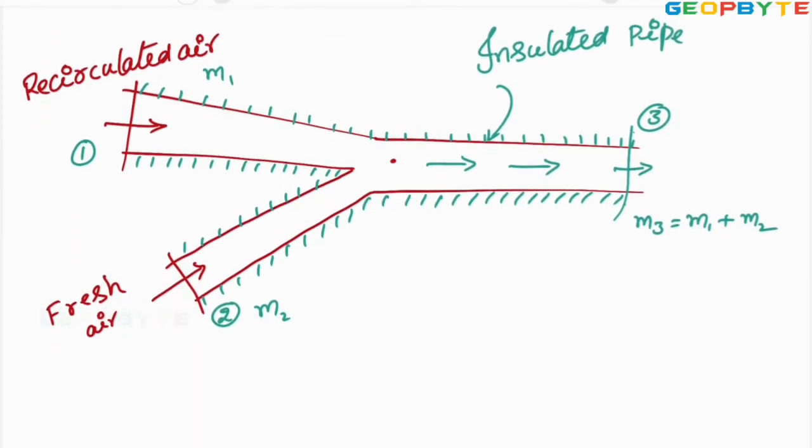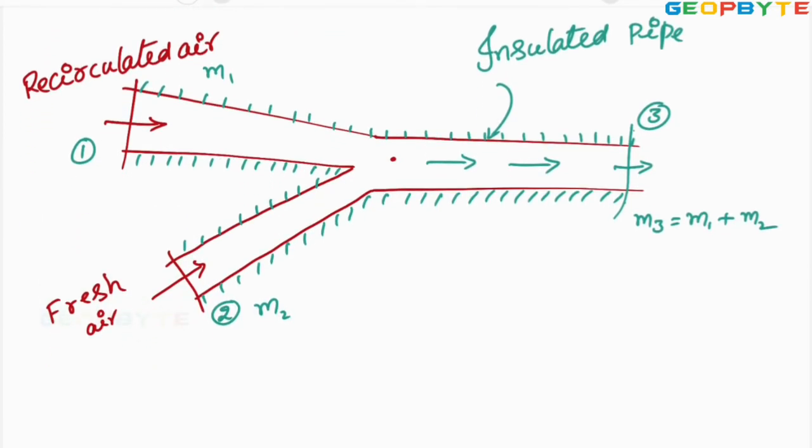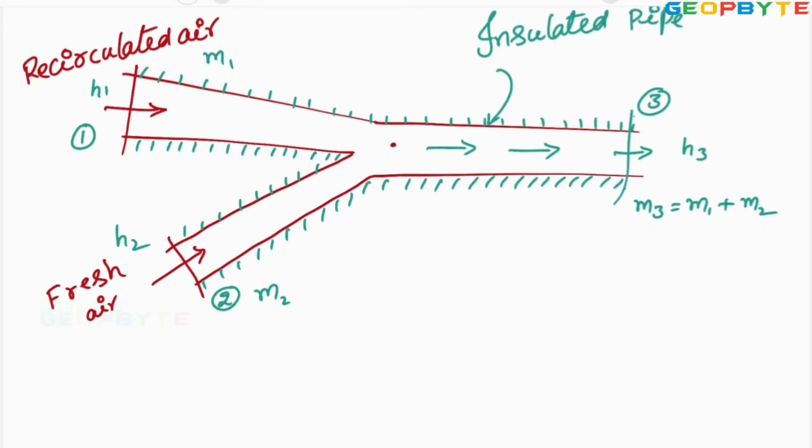Now, if I take the analysis, let H1 be the enthalpy of the recirculated air, H2 be the enthalpy of the fresh air, H3 be the enthalpy of the mixture. For finding H3, you take the energy balance equation, M1H1 plus M2H2 must be equal to M3H3.